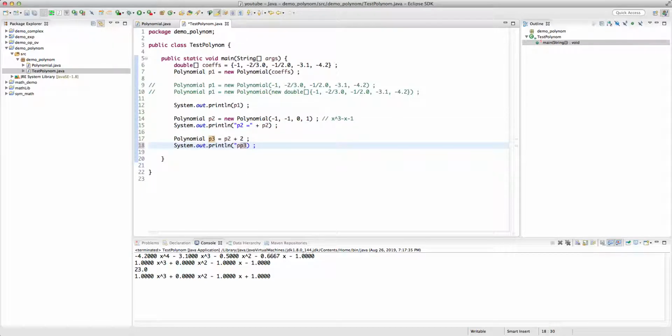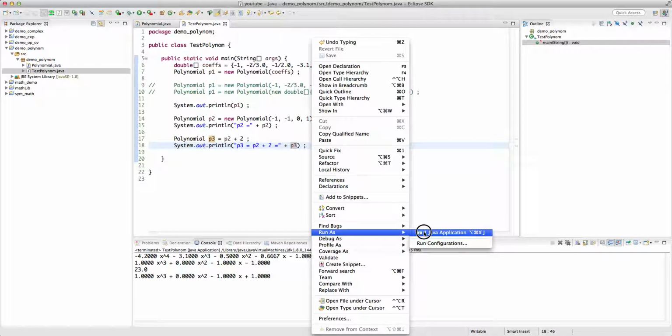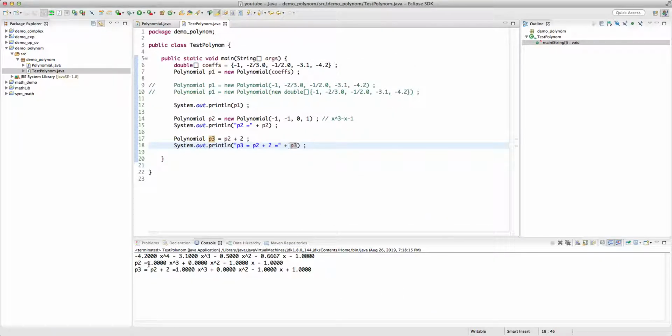And here is p3 equals p2 plus 2 equals plus p3. X cubed, x squared minus x minus 1. x cubed plus x squared minus x plus 1.